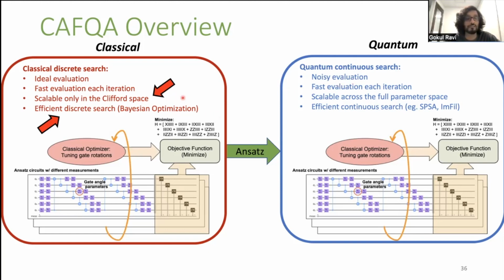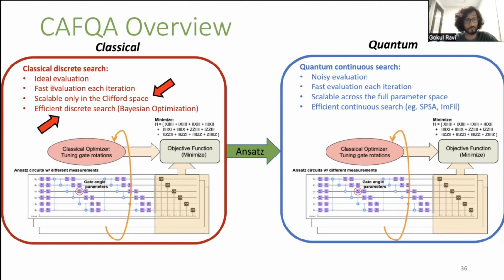So what we do is we introduce this thing on the left, which is shown in red, this classical pre-VQA version before going to the actual quantum version. This is basically a discrete search of only the Clifford space. The main benefits over here are that because this is classical, this is ideal, which means that there is no noise.